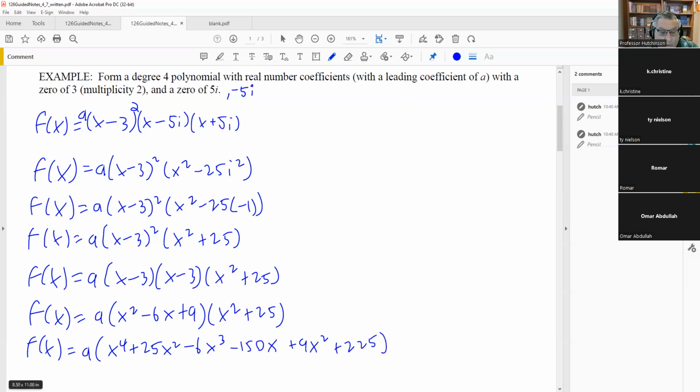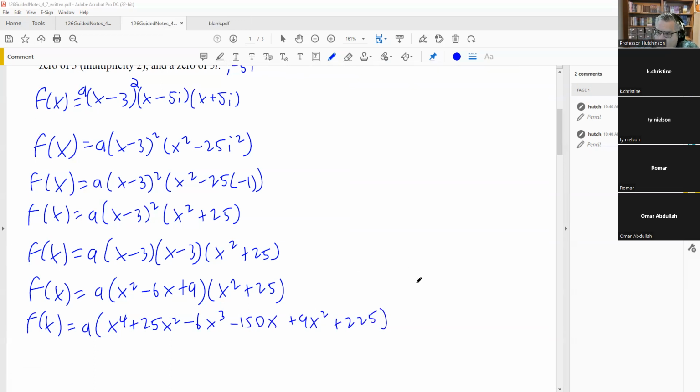Okay, so now that we have that, we're just going to add the like terms together. We'll still put the a term out front here. So let's move this down again. So we got a times all this. x to the 4th, we'll put first.